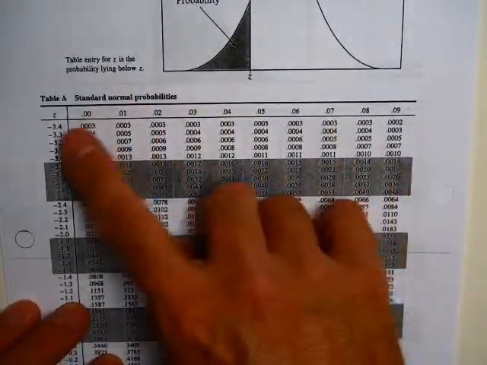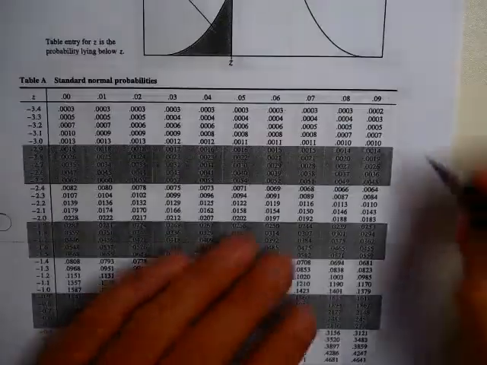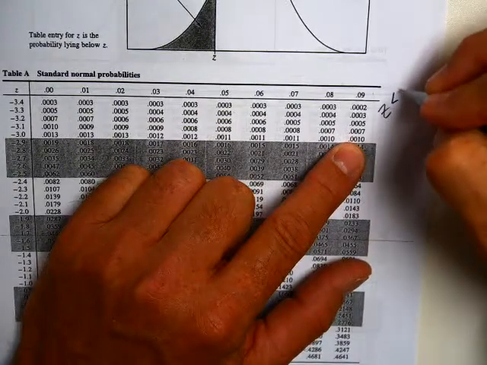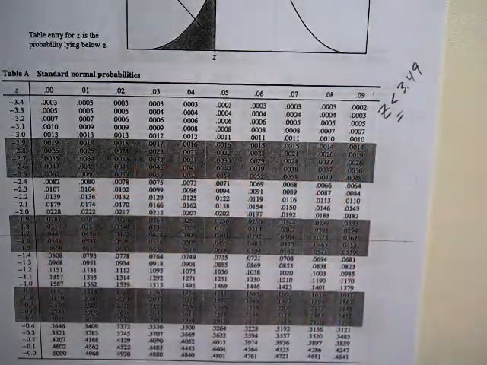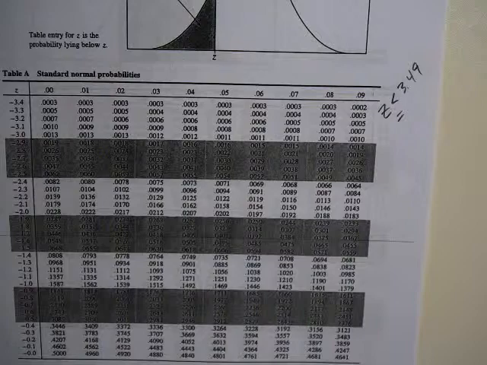If I flip to the other side of the page, my smallest z-score is negative 3.49, at least on this scale. And so if z is less than negative 3.49, we're going to say that it equals 0 probability, because this is approaching 0.